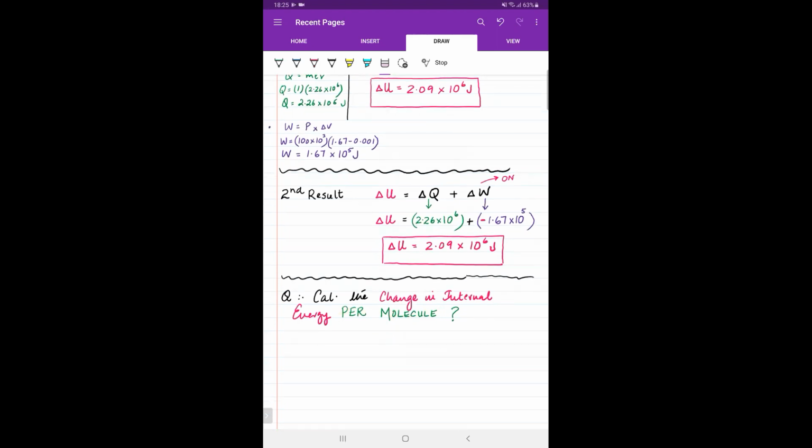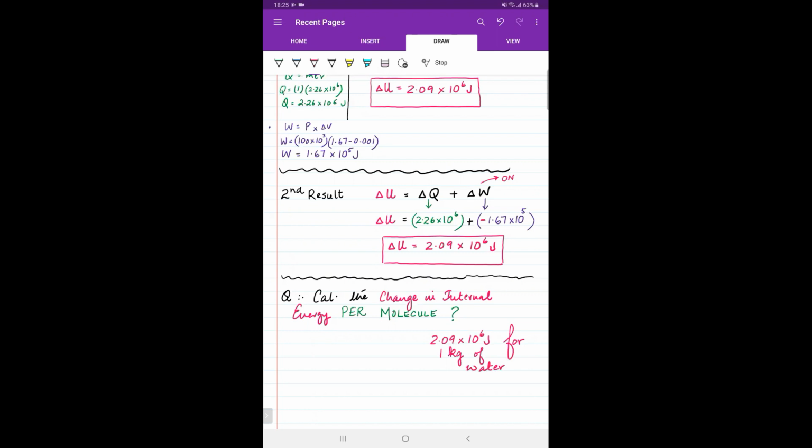So before I move on to Ali Asgar's statement, I think you would all appreciate that the answer of 2.09 times 10 to the power of 6 joules is the change in internal energy, but this is the change for 1 kilogram of water, as the question specified.